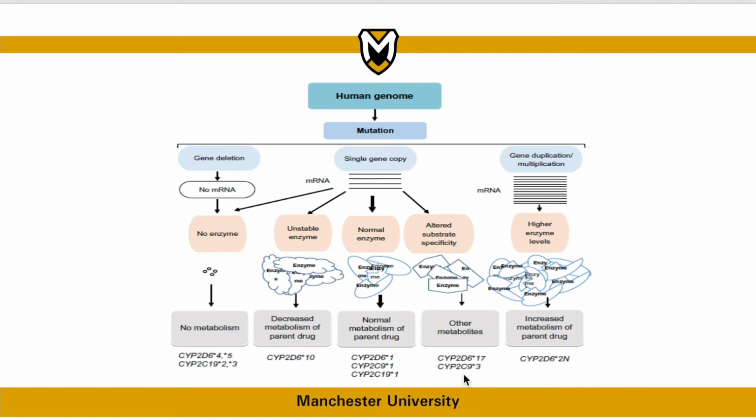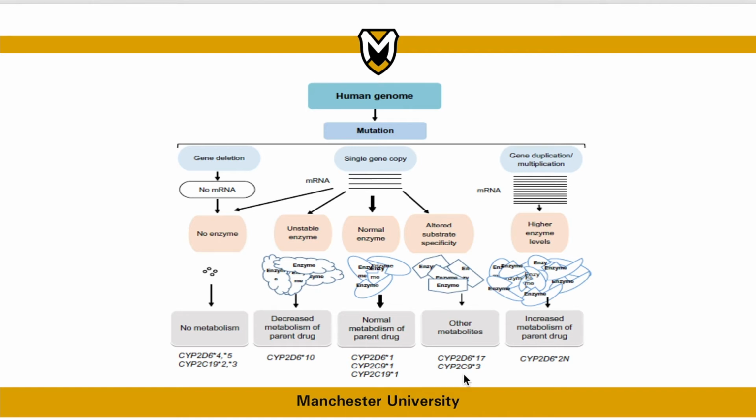So let's look at the results of different mutations here. So if we have the human genome, and we have a mutation, you can have single gene copies, and straight down, you can have a normal enzyme, meaning you have the level of enzyme that you need in the body that is considered normal, and this would confer to a normal metabolism of the parent drug.